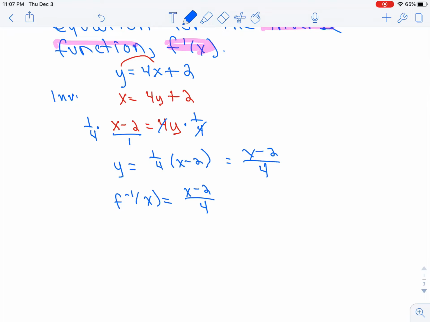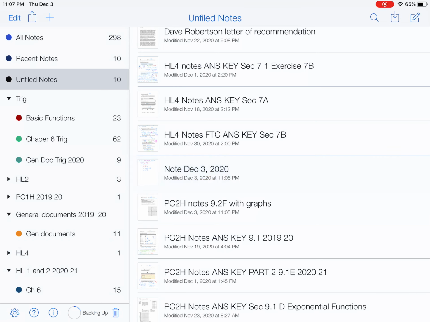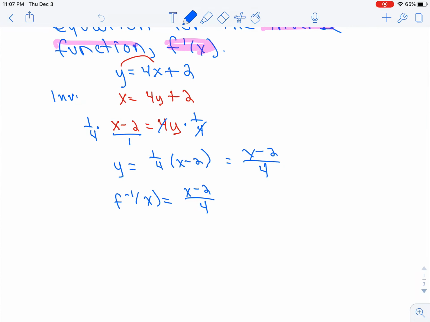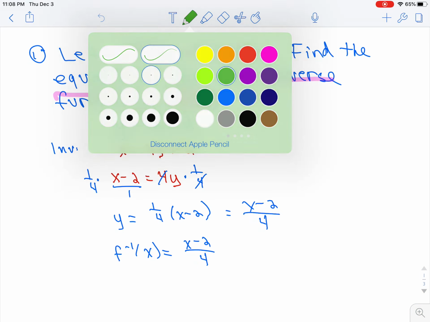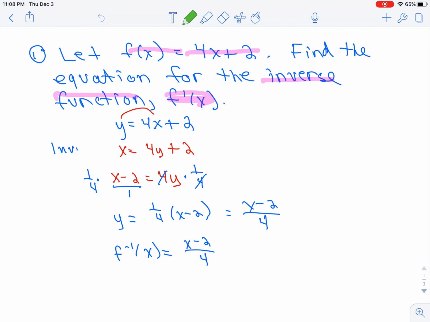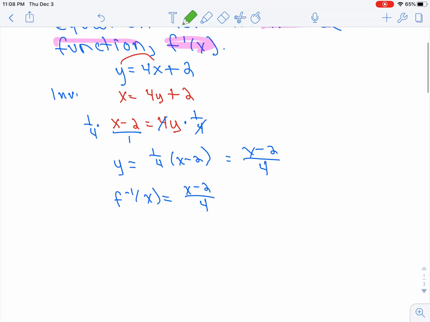Okay? So what I want you to notice here is what each of these functions do to numbers. So with y equals 4x plus 2, if I substitute a value in for x, like if I did f of 3, for instance, then f of 3 is going to be 4 times 3 plus 2.